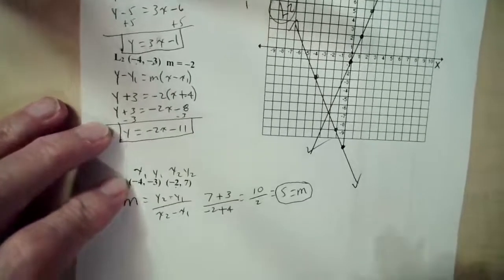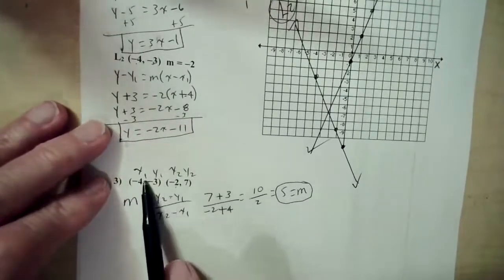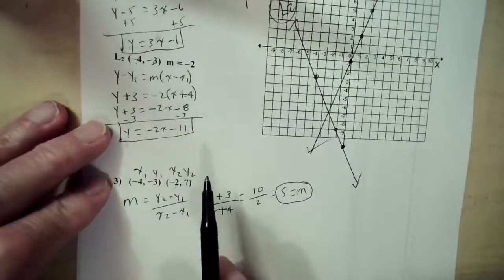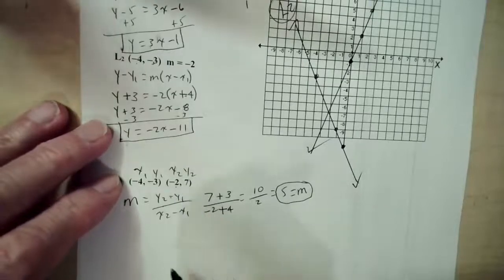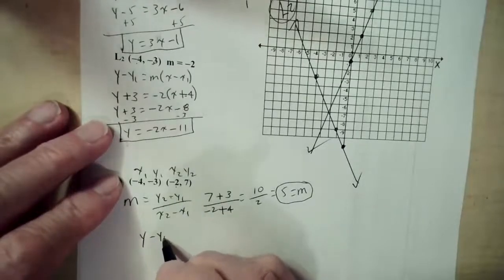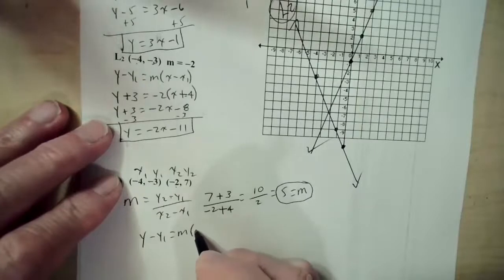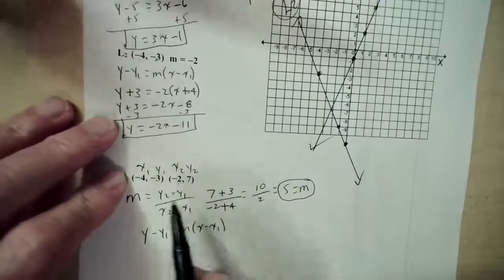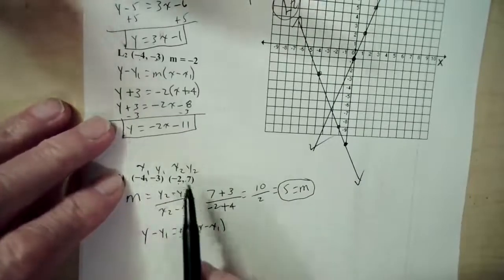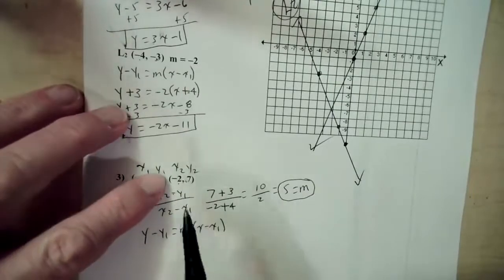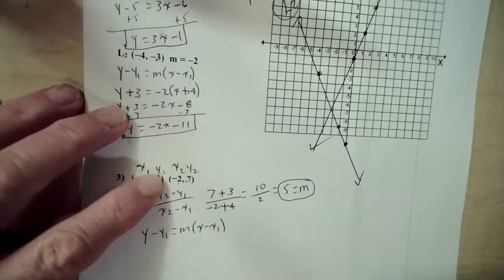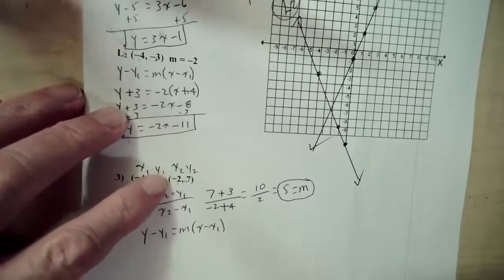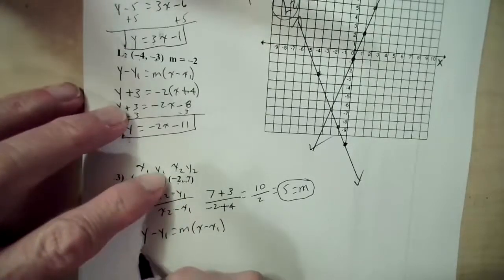Okay, now we have slope and 2 points. So we're going to use point slope again. Y minus y1 equals m open x minus x1. Now it doesn't make any difference which point you use. Let's use this one because there's fewer negative numbers in there, but it doesn't make any difference. You can use this point also.